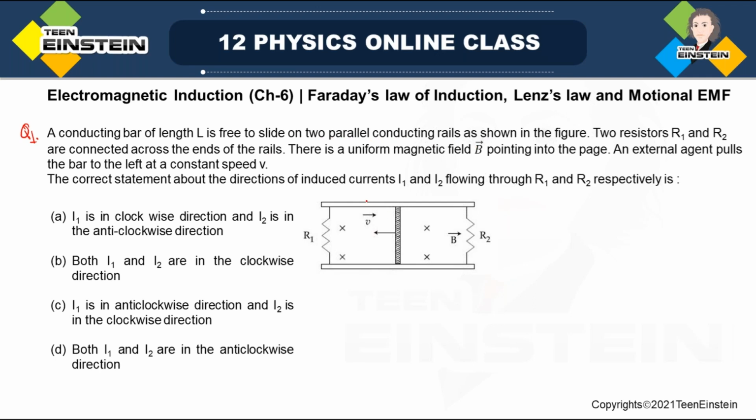You can see that these are two parallel conducting rails and this is another conducting bar which can slide over these conducting rails. Two resistors R1 and R2 are connected across the ends of the rails. There is a uniform magnetic field B pointing into the page. An external agent pulls the bar to the left at a constant speed V.